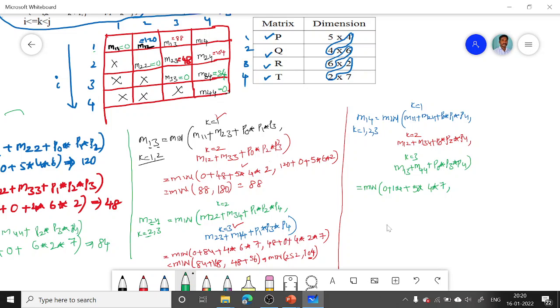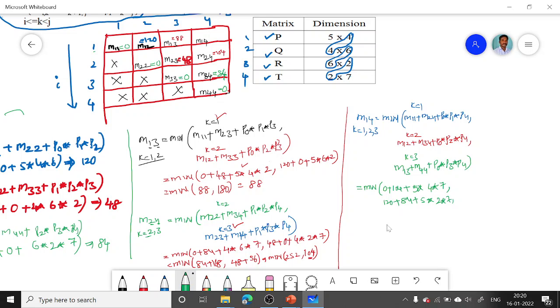My dear, P0 P1 P2 P3 P4. One more we have, M12. We know the value of M12, what is the value of M12, 120, plus the value of M34, we know the value of M34, what is that, 84, plus P0 does not change, 5 into P3, what is the value of P3, 2 into 4 also does not change.